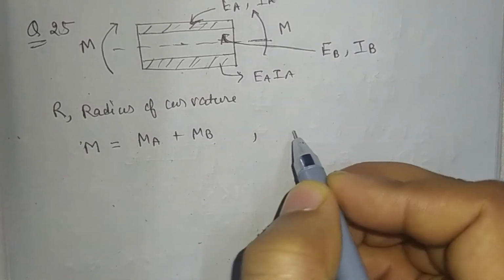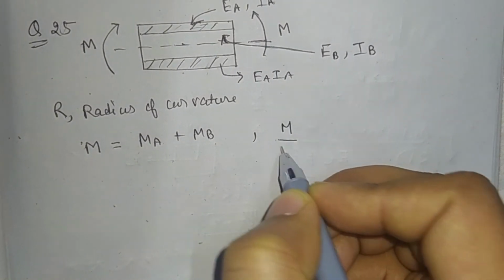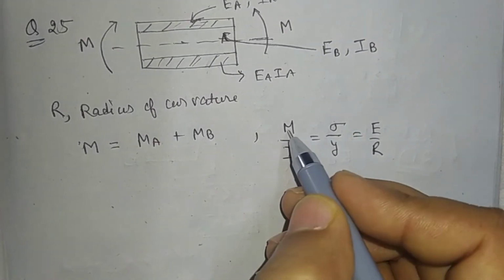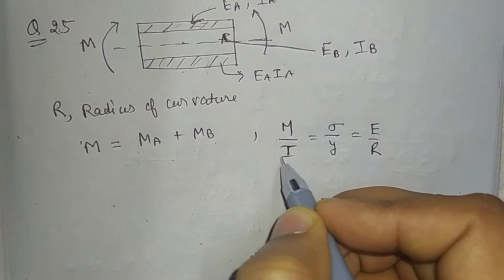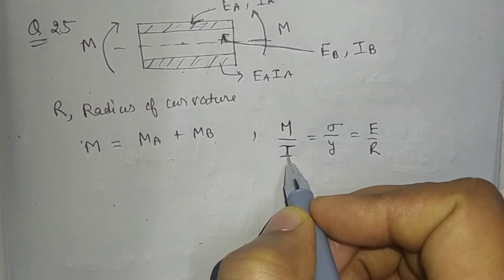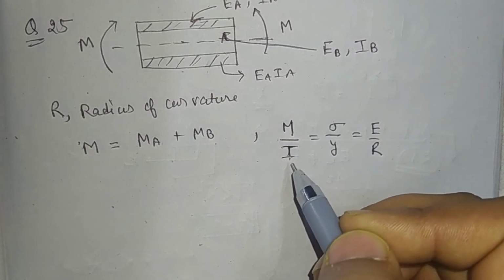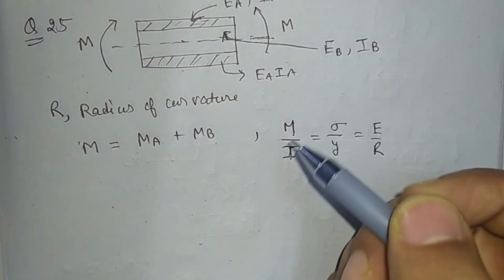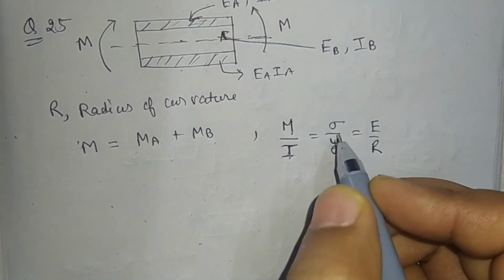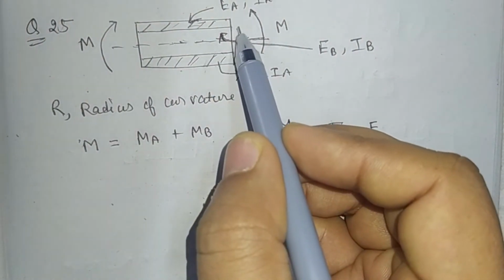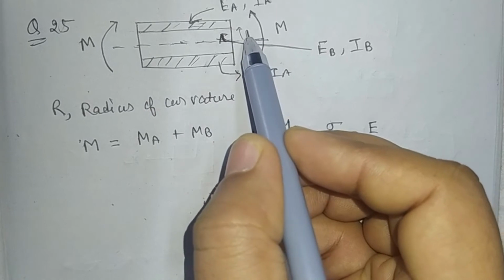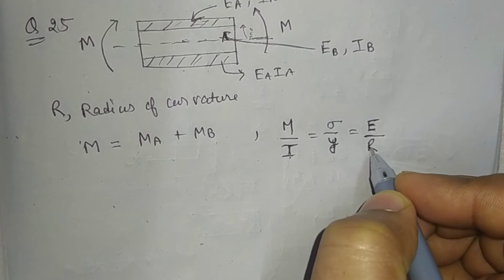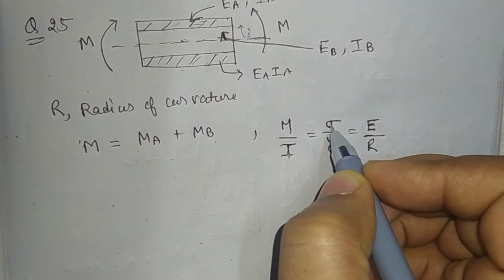We know the bending equation M by I equal to sigma by Y equal to E by R, where M is the moment of resistance, I is the second moment of area, or we usually say moment of inertia, about the axis about which it is bending, and Y is the distance from that axis, at any point or location where we can find the stress. E is the modulus of elasticity and R is the radius of curvature. Sigma is the normal stress due to the bending.